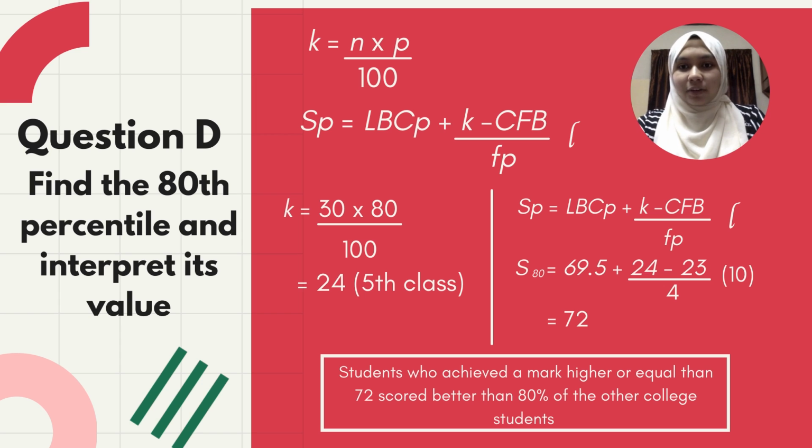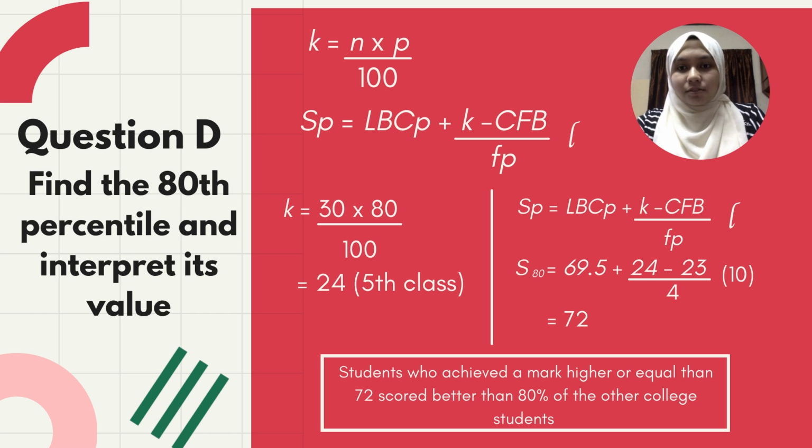So then you look at the cumulative frequency in the table that you've done, and in this we can see that 24 lies at the 27th cumulative frequency, which is at the 5th class. So from this, we have to use the 5th class info in order to find the true value of the 80th percentile, because 24 is only the position of the 80th percentile, not the true value of it.